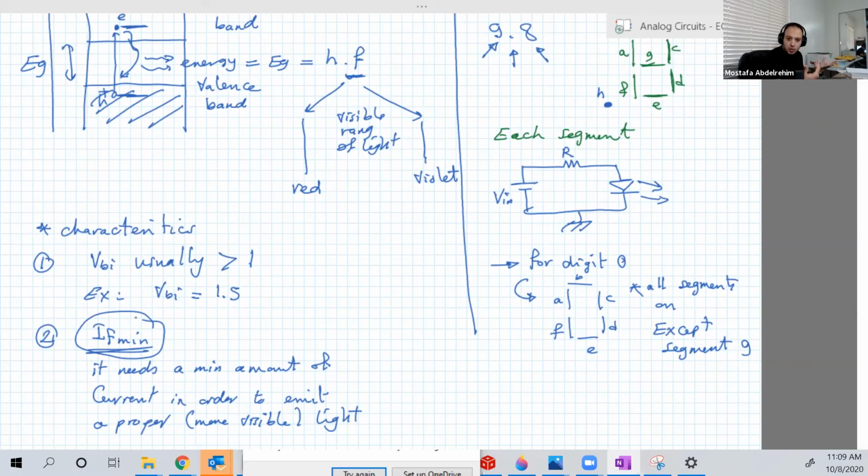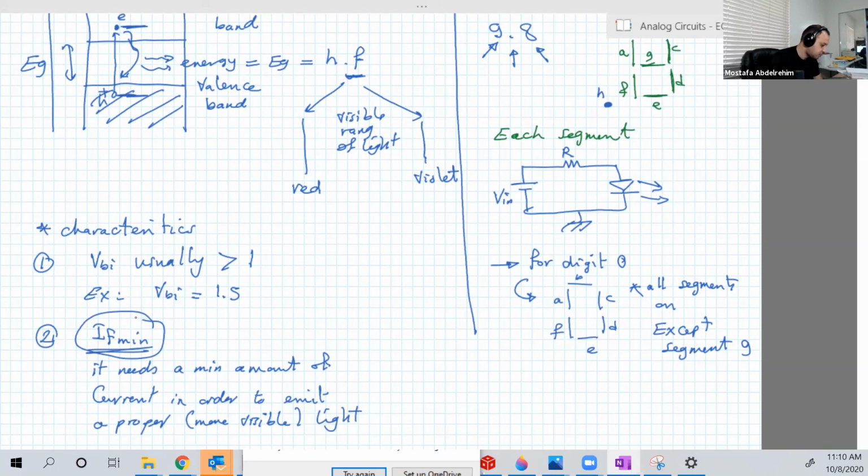If I ask you to choose a proper value for R, I will give you the required minimum forward current in the LED when it's forward. When it's reverse, it acts just like the normal diodes. You know, reverse off, I is equal to 0, and that's it.